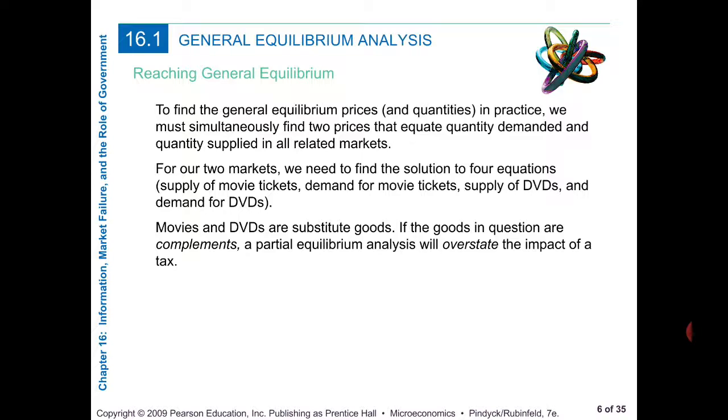So to find the general equilibrium prices and quantities, we must simultaneously find two prices that equate quantity demanded and quantity supplied in all related markets. It's not just one set of price and quantity that clears one market, but two sets of prices and quantities that clear both markets. So you need to find solutions for four equations: supply of movies, demand for movies, supply of DVDs, and demand for DVDs.